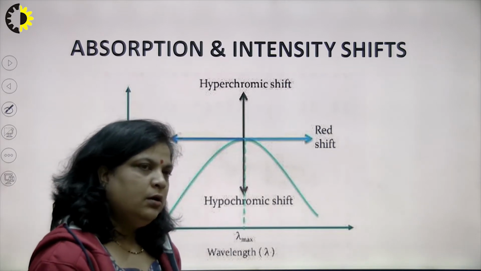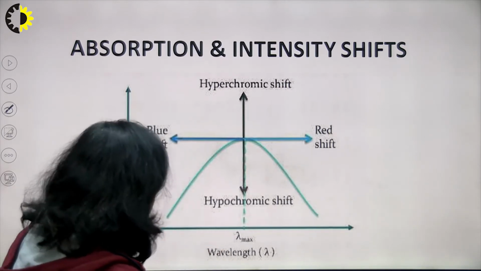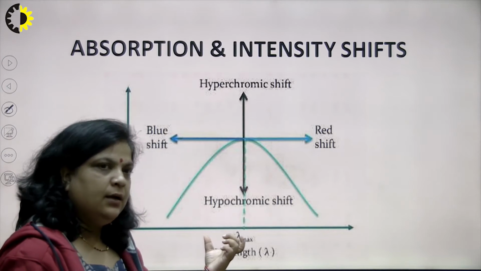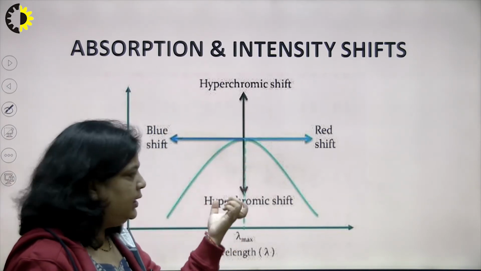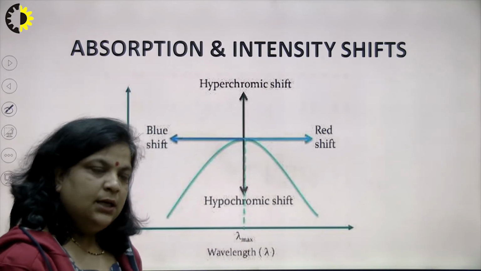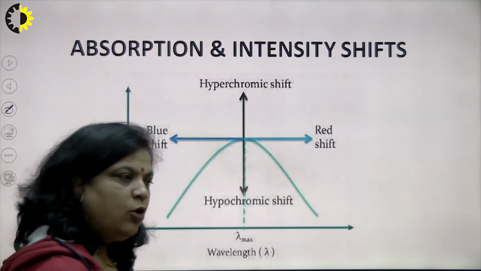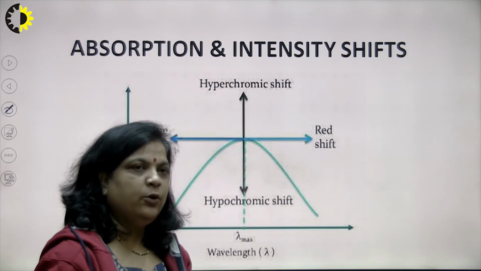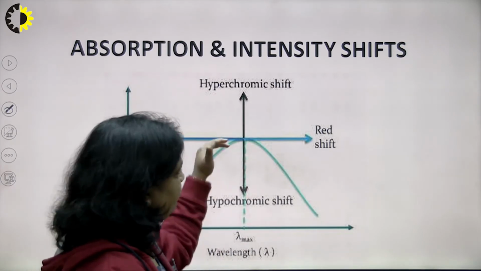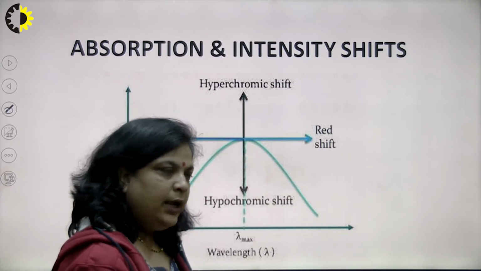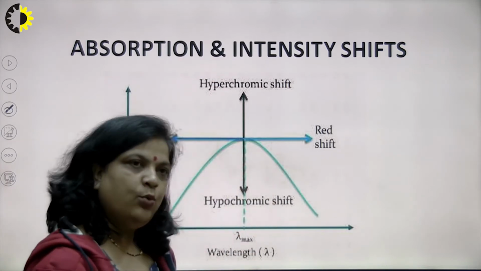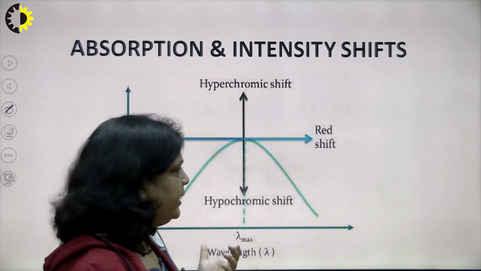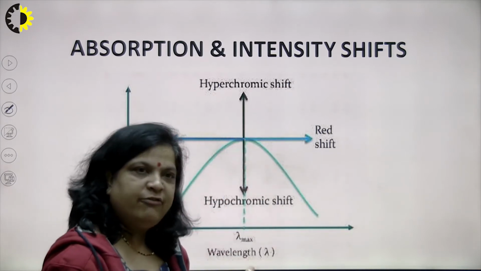If we plot absorbance at various lambda, the lambda at which the maximum absorption occurs is called lambda max. Due to presence of conjugation or some foreign group, there may be shifting of this absorption maxima. It may be towards the right side, towards the left side, or upward or downward.